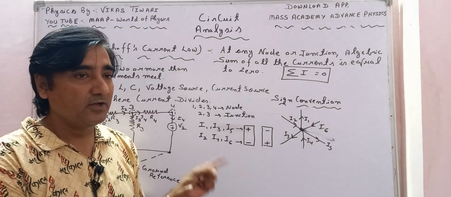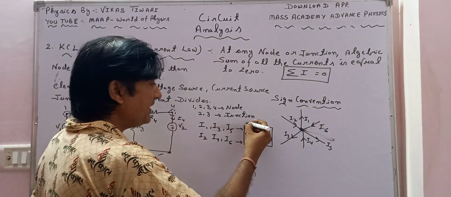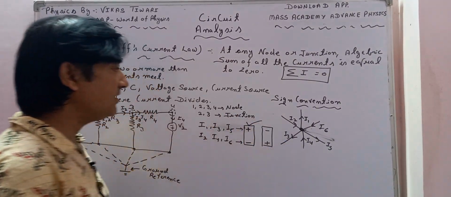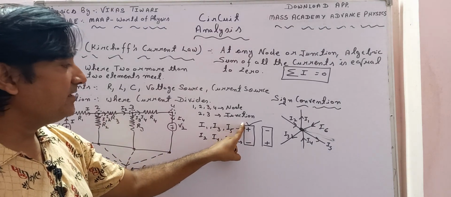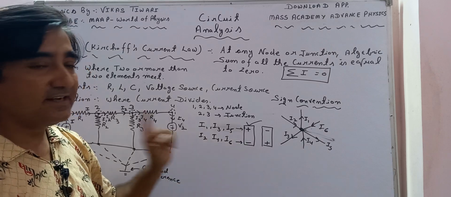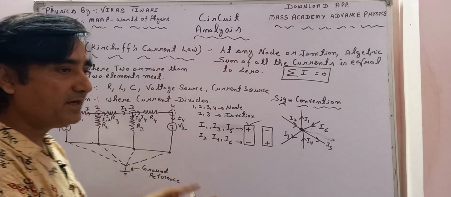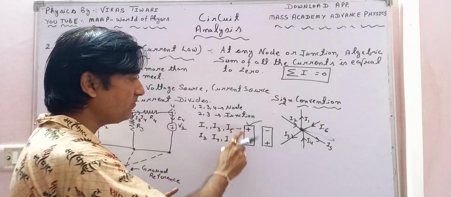But make sure you can't mix these two rules. You have to follow just one rule. Throughout my lectures I will follow this rule, in which outgoing currents are positive and incoming currents are negative. Again, you can also follow the other one, but you have to follow one of these two.